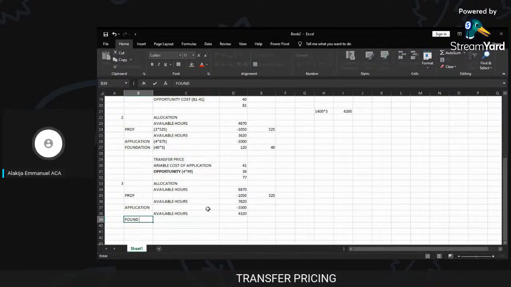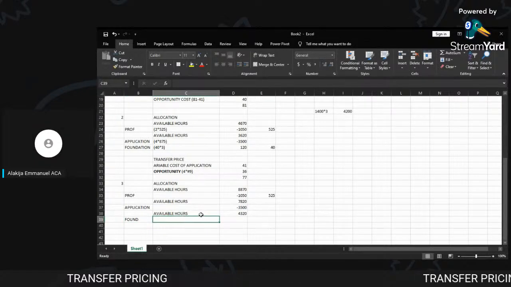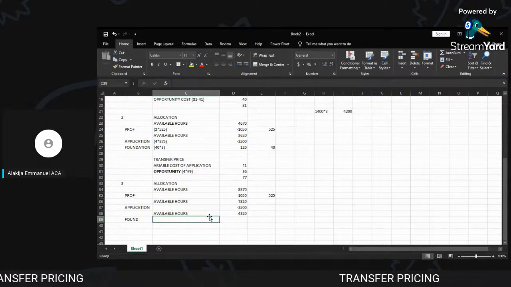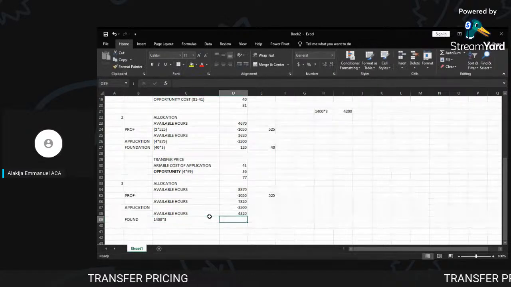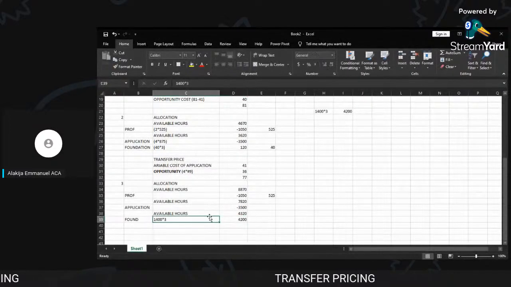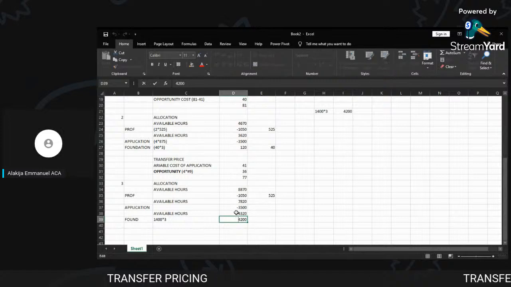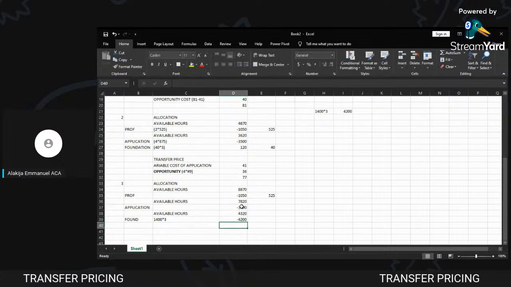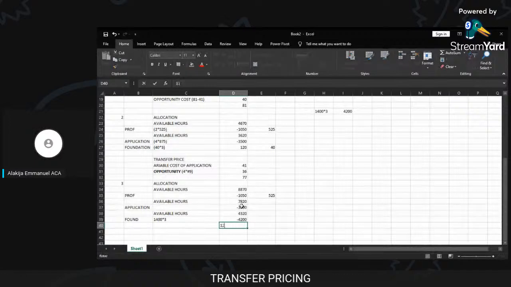Foundation needs 1,004 multiplied by 3. That's 4,002. You deduct 4,002 from 4,320, you have 120.